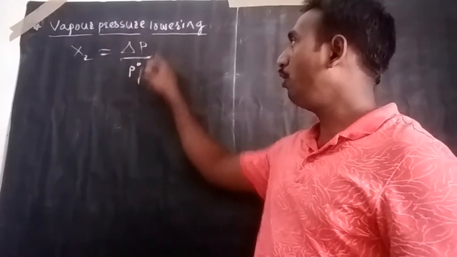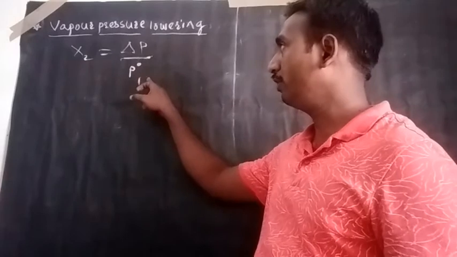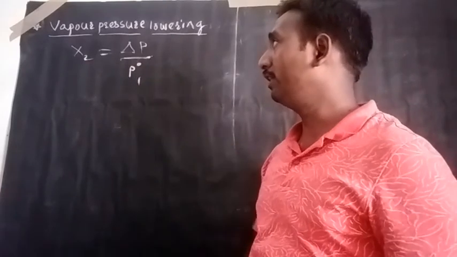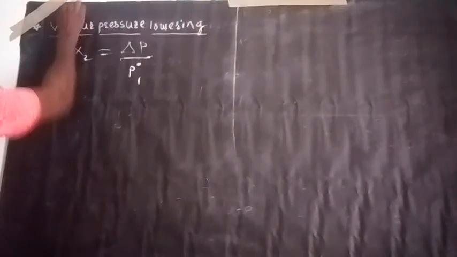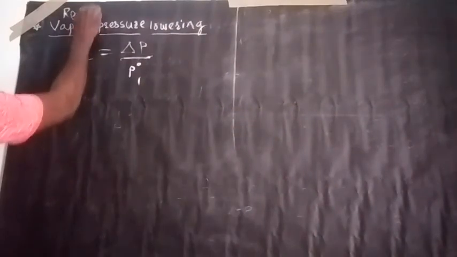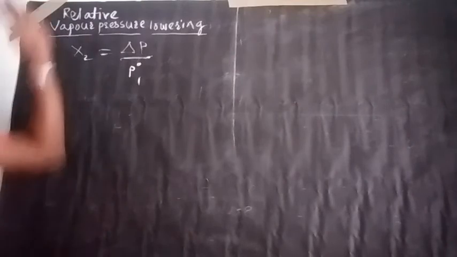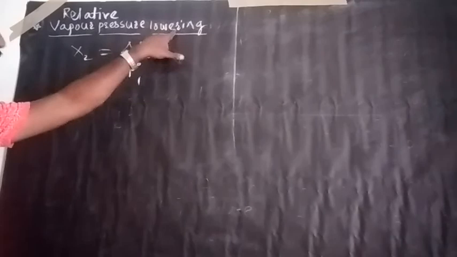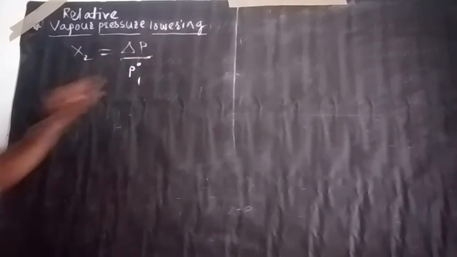The ratio of lowering of vapor pressure to the vapor pressure of the pure solvent is also known as relative lowering of vapor pressure, that's why relative vapor pressure lowering is equal to delta P upon P01.